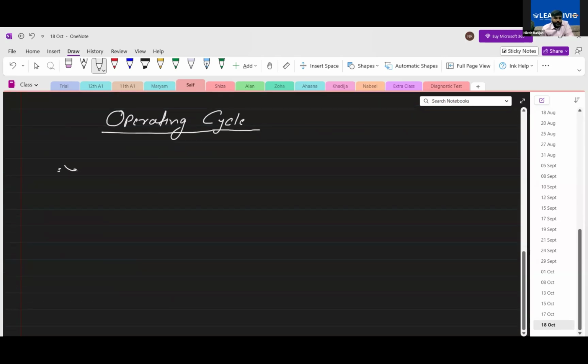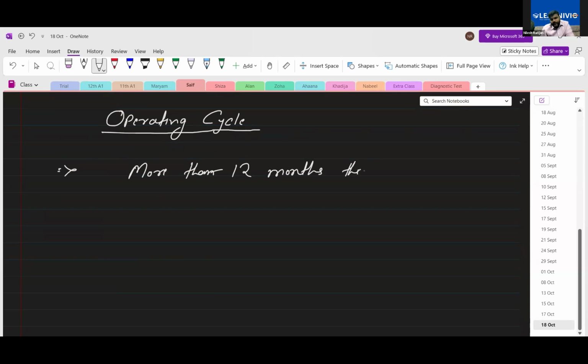So if your operating cycle is more than 12 months, then it will be considered for decision of current and non-current.